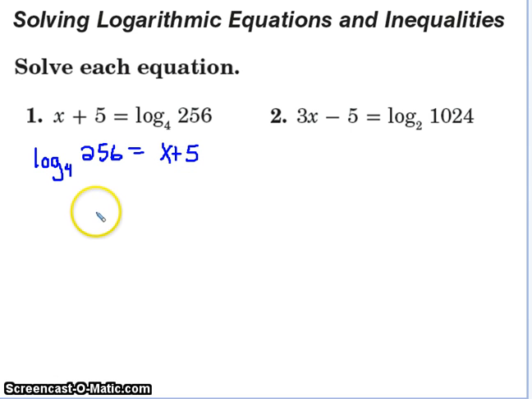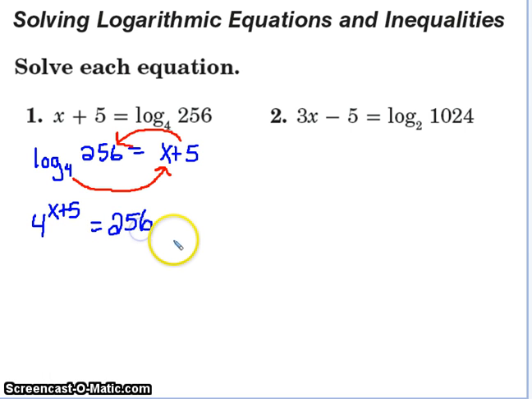And so when we set ourselves up, we remember that it is 4 to the x plus 5 power equals 256. So we can write that as 4 to the x plus 5 equals 256. So a little bit different than what we're used to, but we did really well with exponential equations. So hopefully we see that once we turn it from a log into exponential, this makes sense.